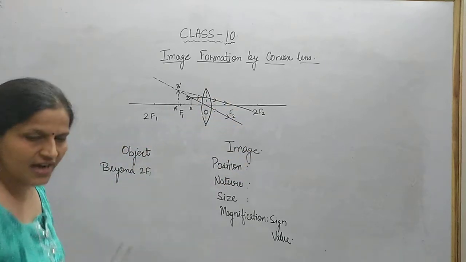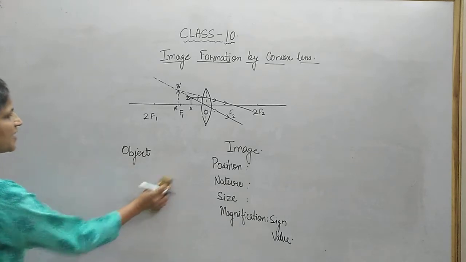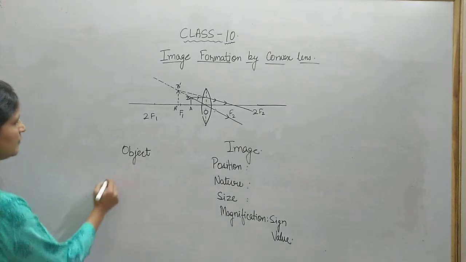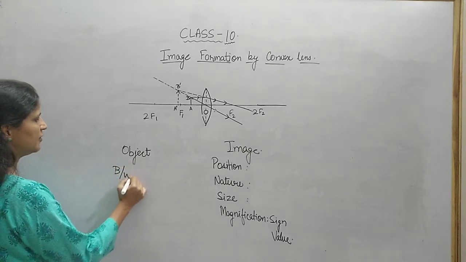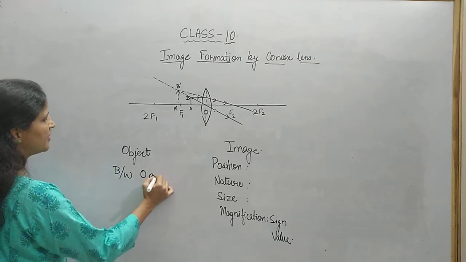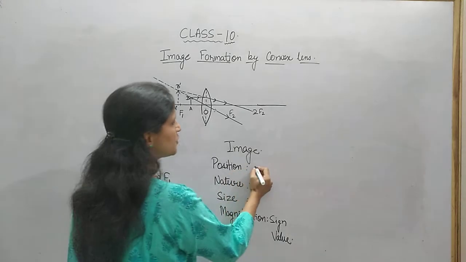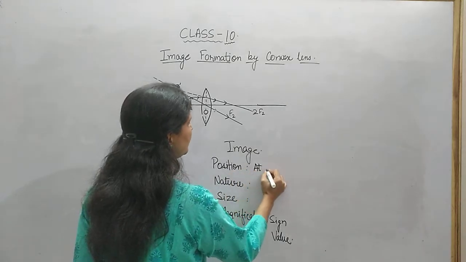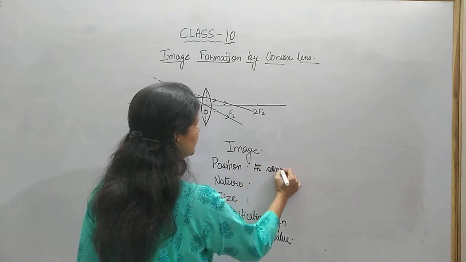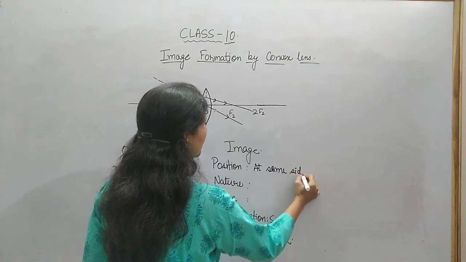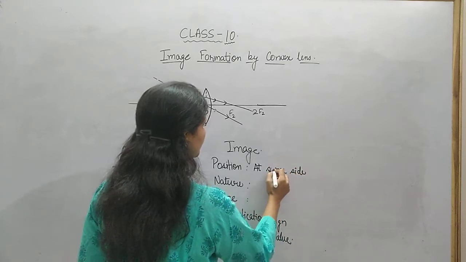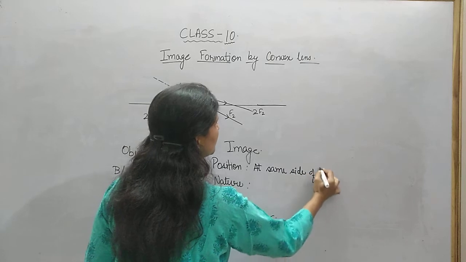So what will we write here? When the object is placed between O and F1, we find that the image is positioned on the same side as the object.